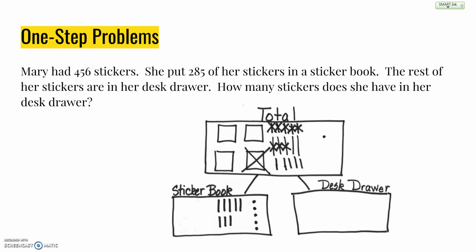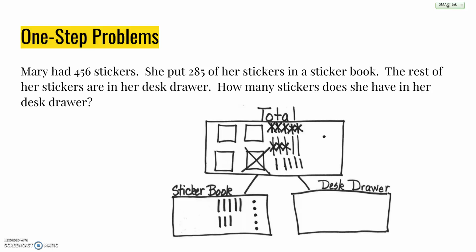Now we have in the total 400 and we did have 5 tens. Well, we need to take away 8 tens and put them down in the sticker book, and we only have 5 tens. So we cross out one of the hundreds and trade it for 10 more tens.